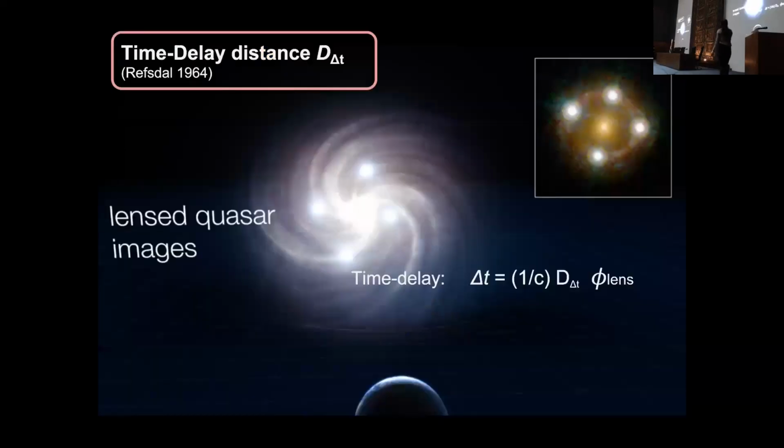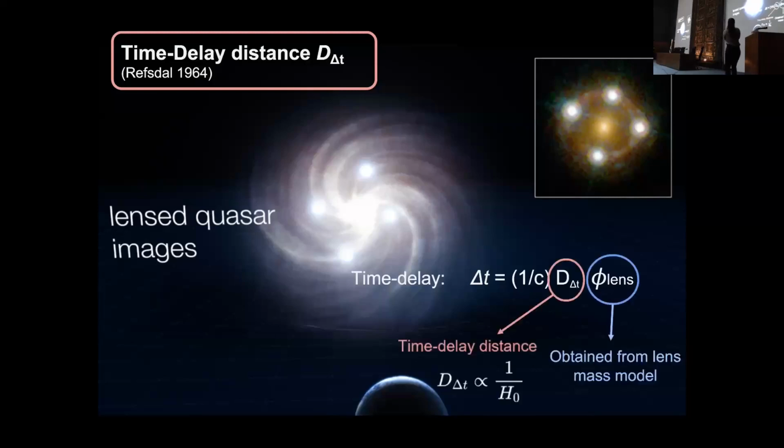To do that, as I said, the light rays that come from the very distant source are deflected and arrive at different times to the observer. This difference in arrival time is called the time delay.